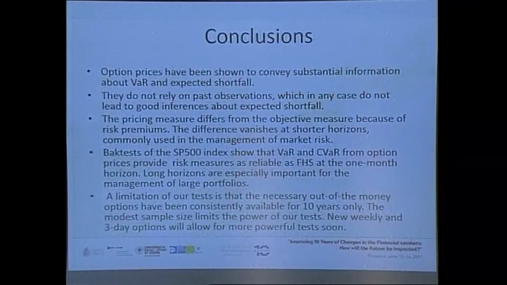You do not need to rely on past observations, and that is theoretically very convenient in the case of expected shortfall, because you cannot really estimate expected shortfall well. I give you a hard number because it's based on the option price. It seems to have done a good job for the last 10 years. Of course, if there is a big behavioral bias, even that number may not be good.